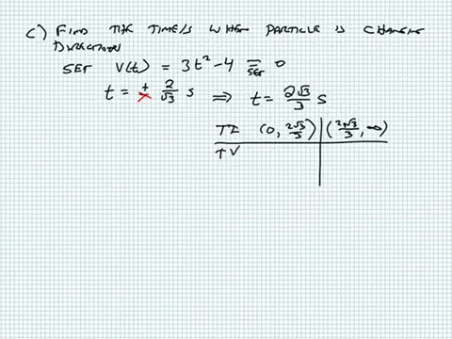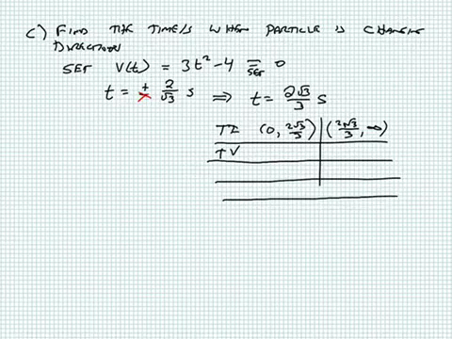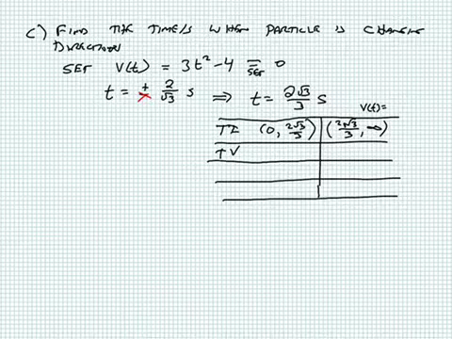And then I'm going to do a test value. Again, I'm testing to make sure that the sign of the velocity is changing across this 0. My velocity, which is my first derivative of position, is 3t squared minus 4. That's what I'm testing. So 2 square root of 3 over 3 is 2 over square root of 3.